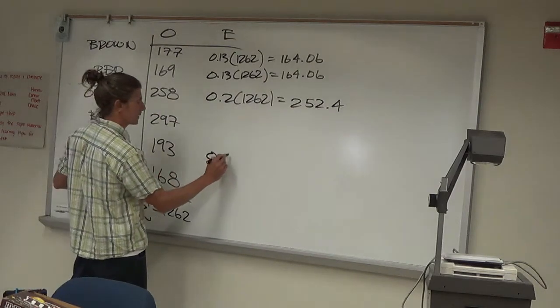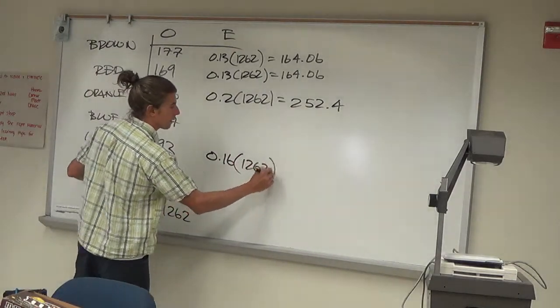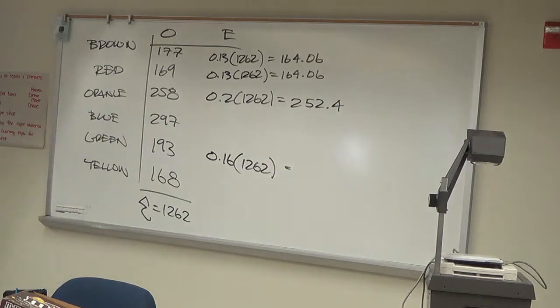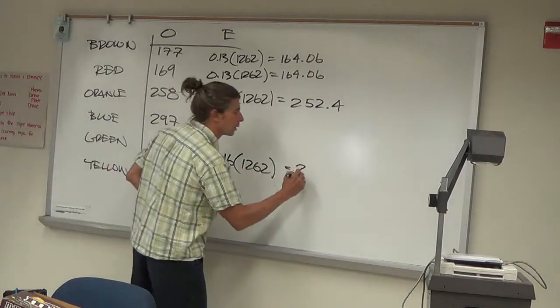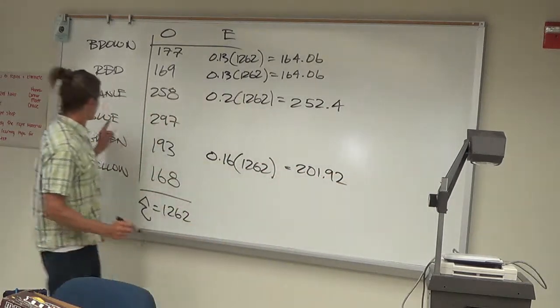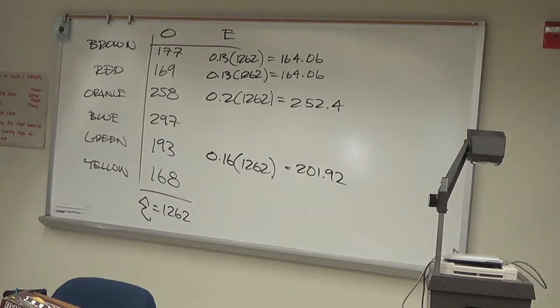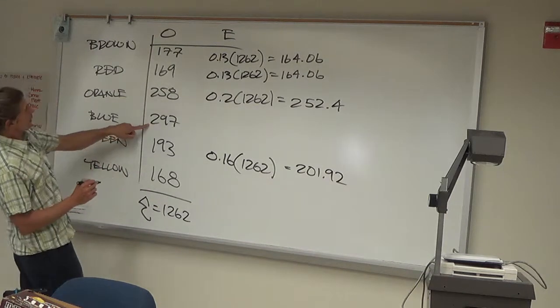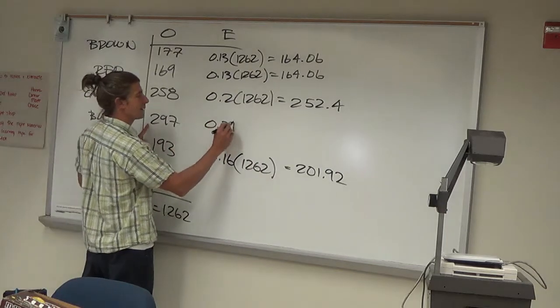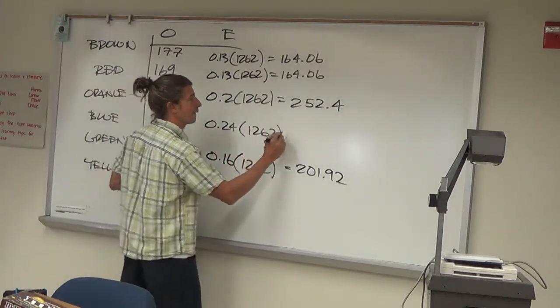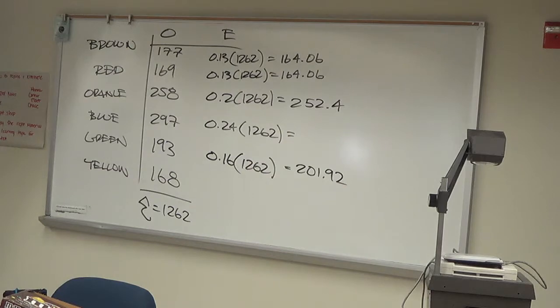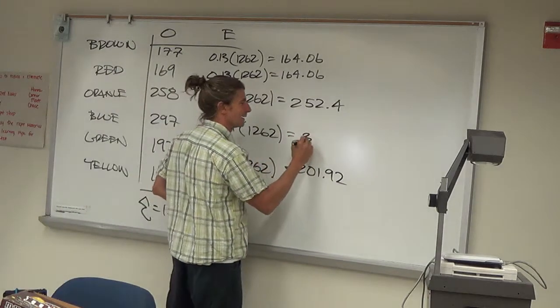I don't know why I just jumped down here. That is going to be 201.92. We'll go back to blue. Blue's 24%, and ours came out the most too. And that ends up being 302.88.